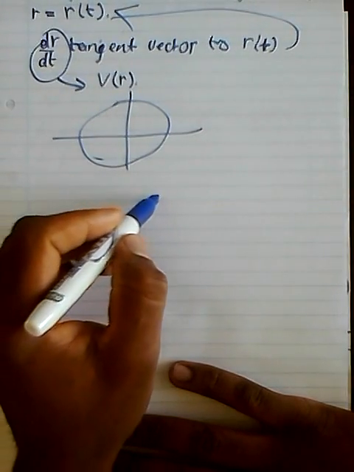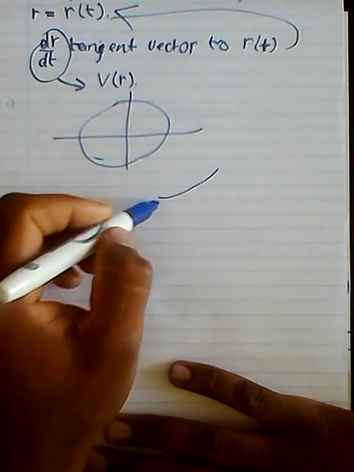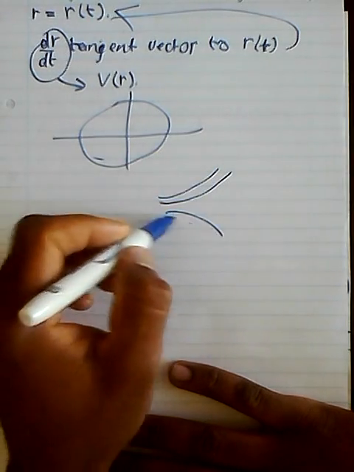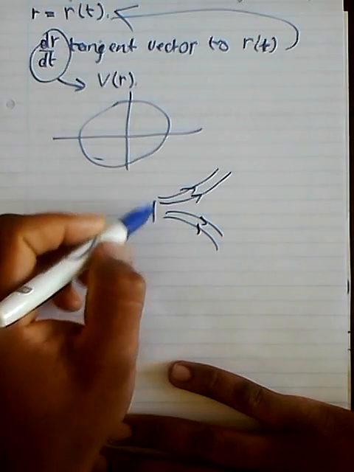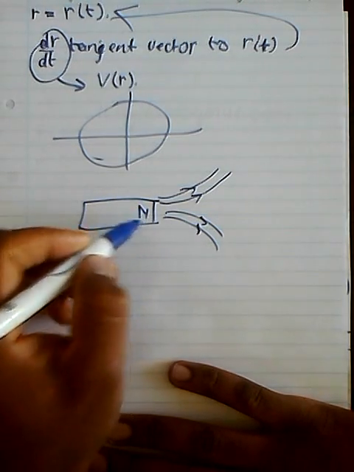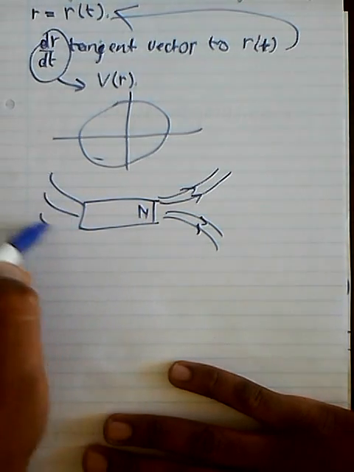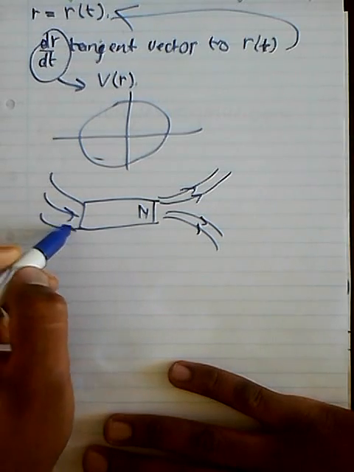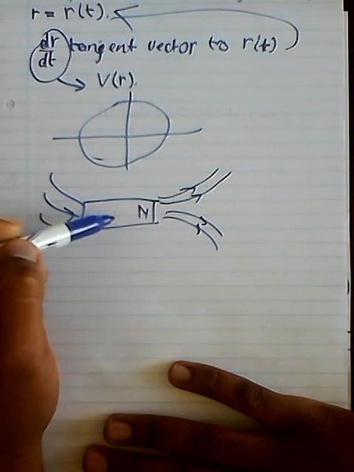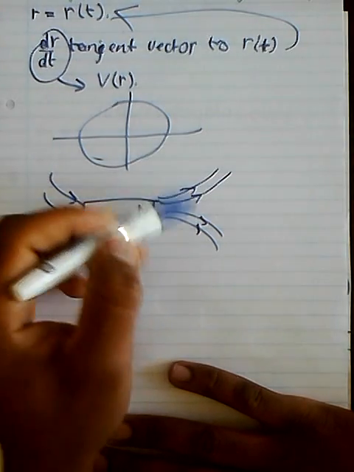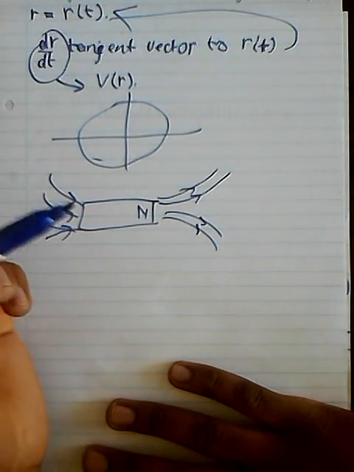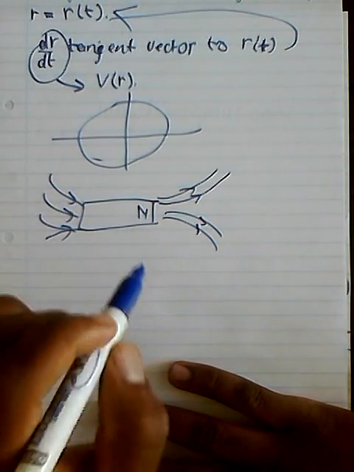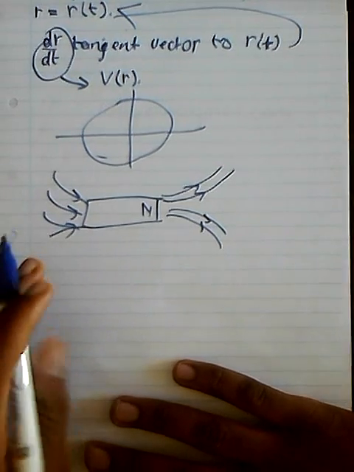Remember that magnetic field lines are found in a region. So this definitely has to be a north pole, so this is going to be a south pole. So we see that these field lines are formed within a region.